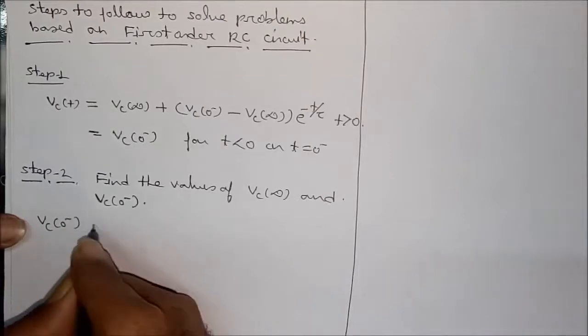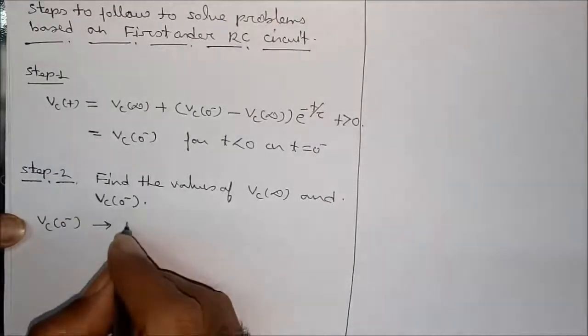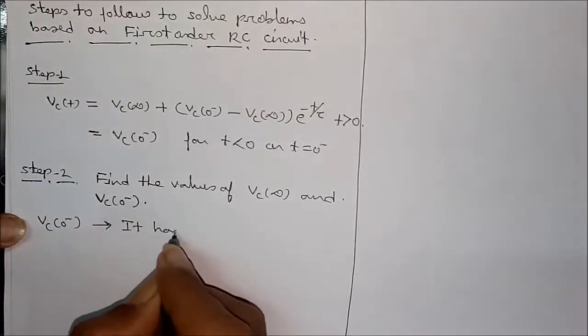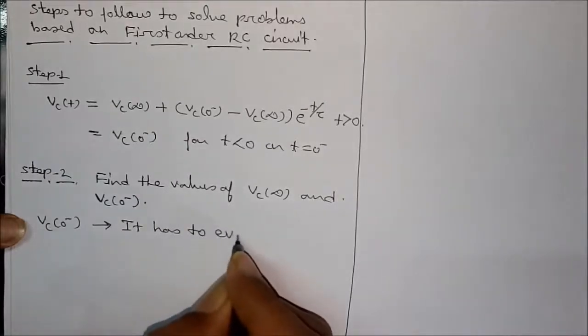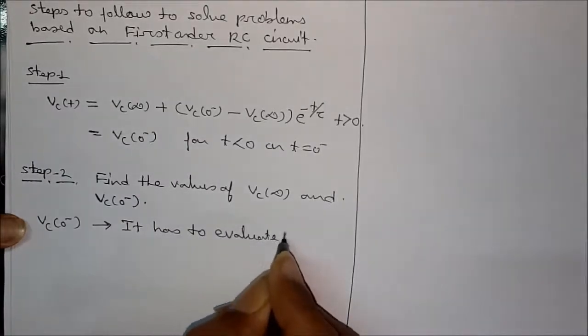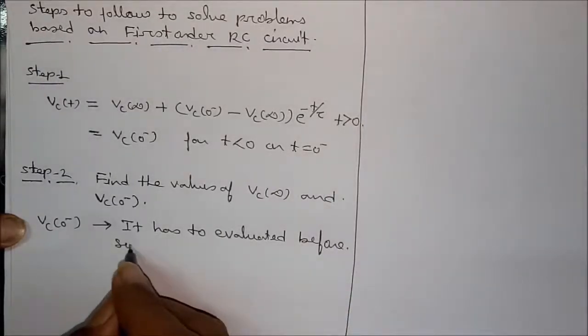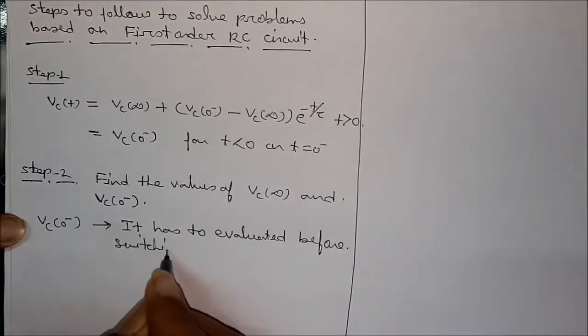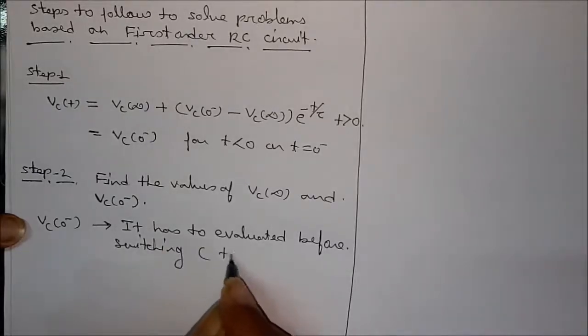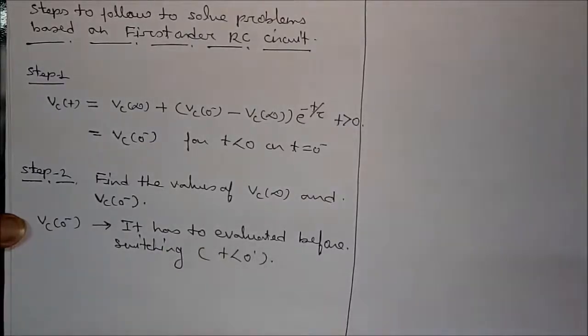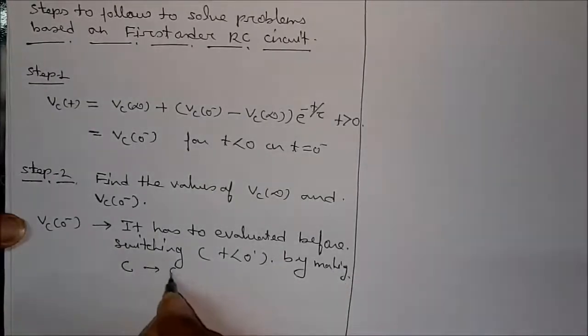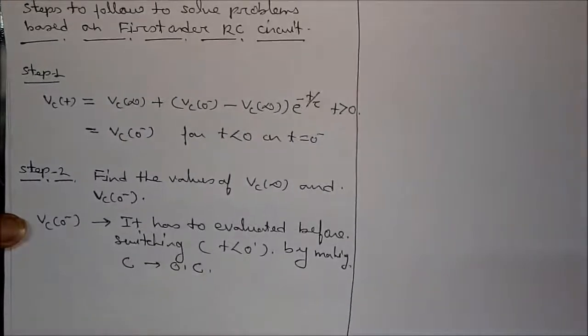VC0 minus has to be evaluated before switching, that means t is less than 0, by making the capacitor an open circuit.